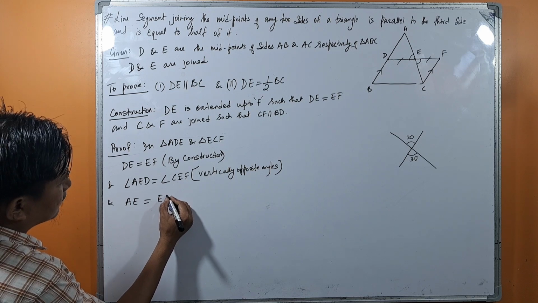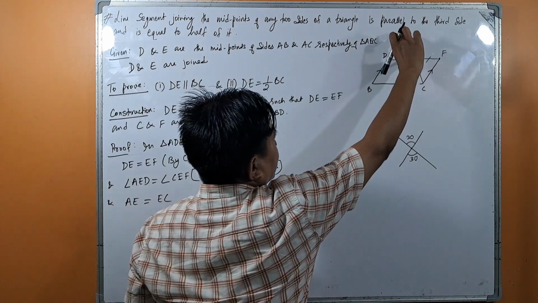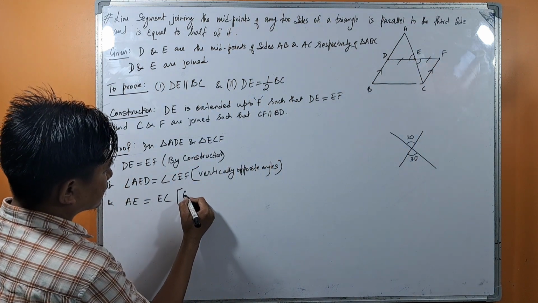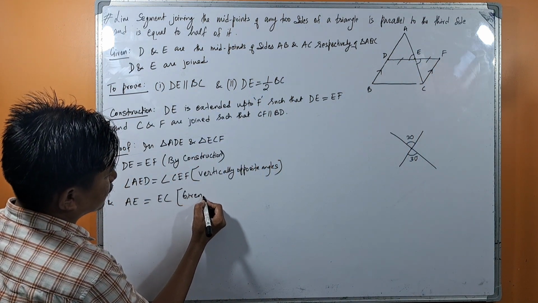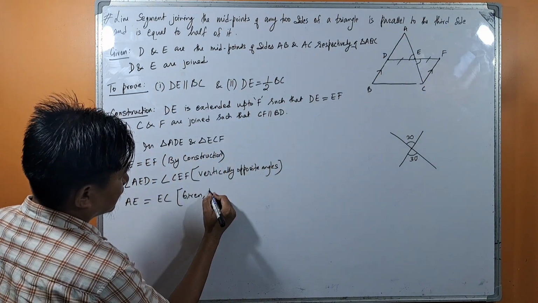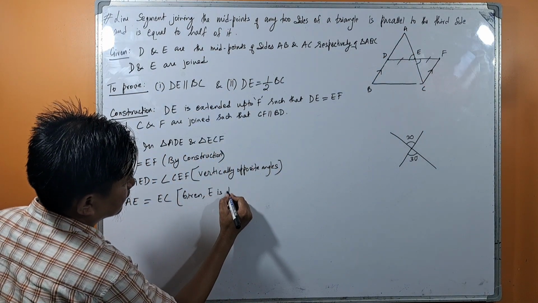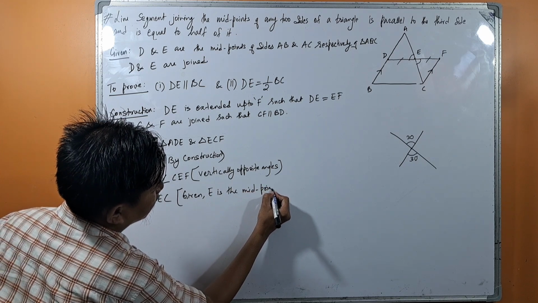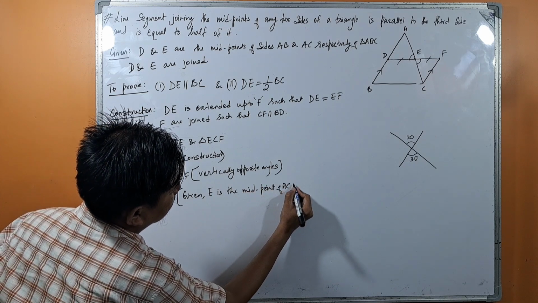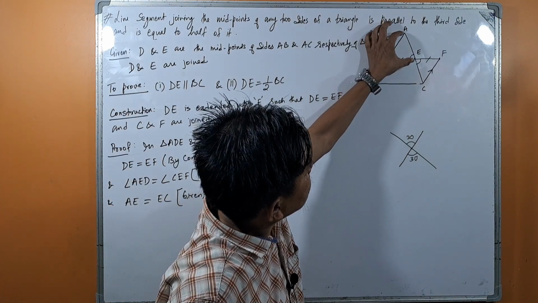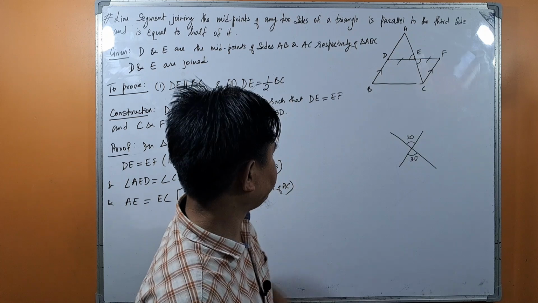Okay, side AE and EC are equal because this is given to us. E is the midpoint of side AC. Since E is the midpoint of AC, we can say AE is equal to EC.